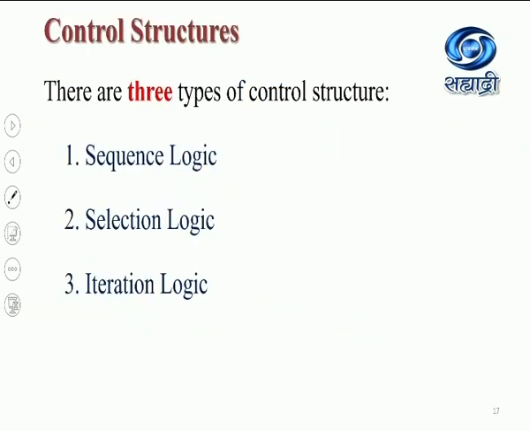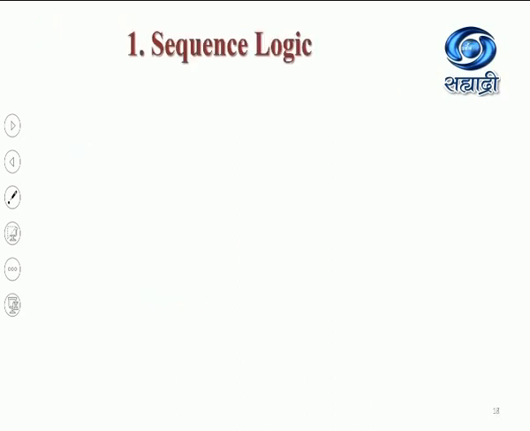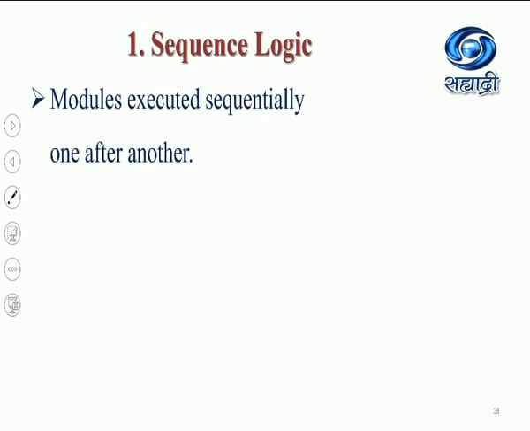Next, control structures. There are three types of control structures used while writing an algorithm. First is the sequential logic, second is the selection logic, and third is the iterative logic. We will see them one by one. First is the sequential logic. Sequential logic means that while you are writing an algorithm, it contains steps, and the second step depends on the first one, so it follows the sequence.